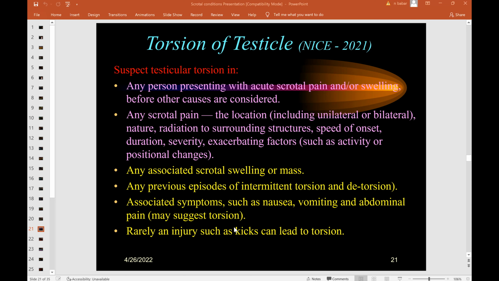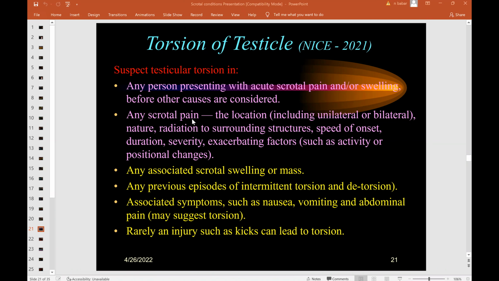These are red flag features which require one to consider the presence of acute torsion, necessitating urgent hospital admission.